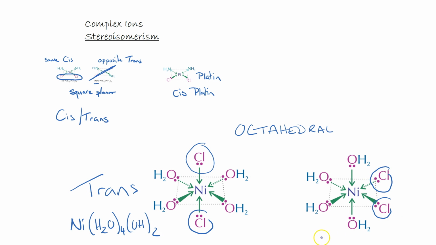Well, here we have them on the same side, so this becomes our cis [Ni(H2O)4(OH2)]. Now, the cis-trans is reasonably easy to identify as long as we realize these key components. The slightly more complicated one is the one we're going to move on to next.